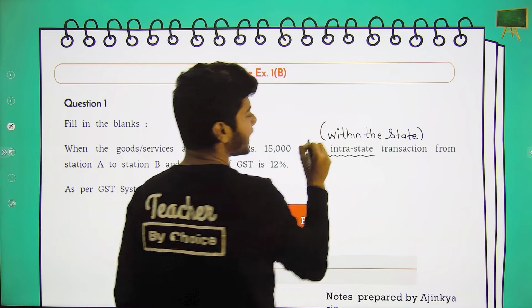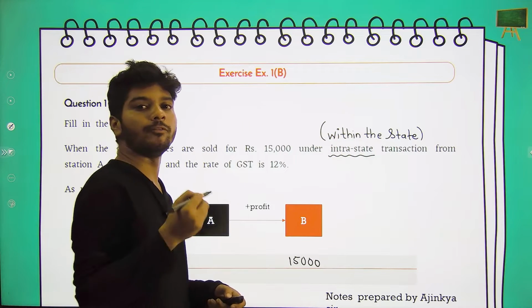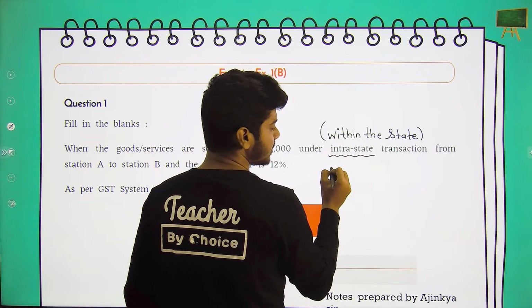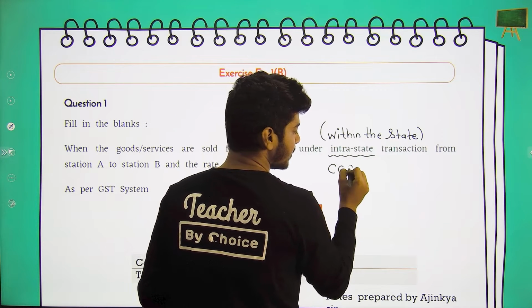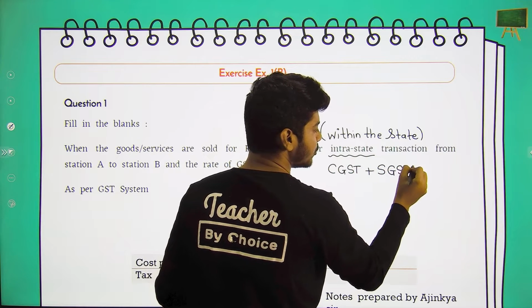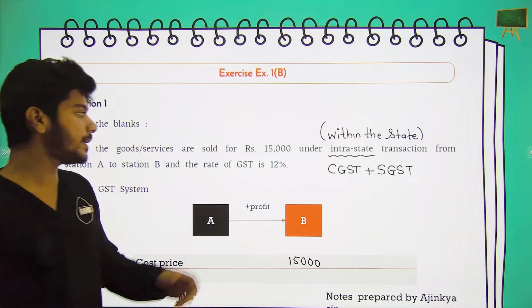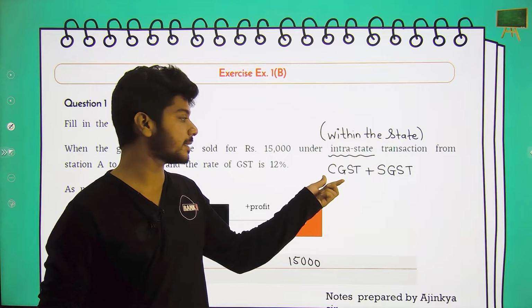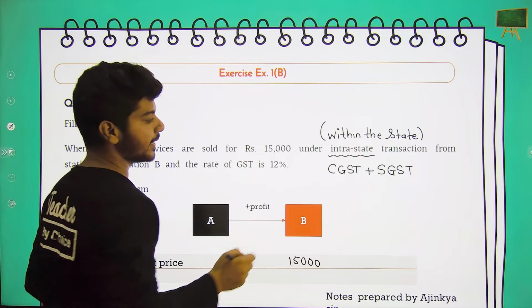Now, whenever the trade is happening within the state, we will charge CGST plus SGST. Obviously, we will charge only CGST and SGST. What is the rate of tax given? 12%. So we will consider 6% as CGST and 6% as SGST.